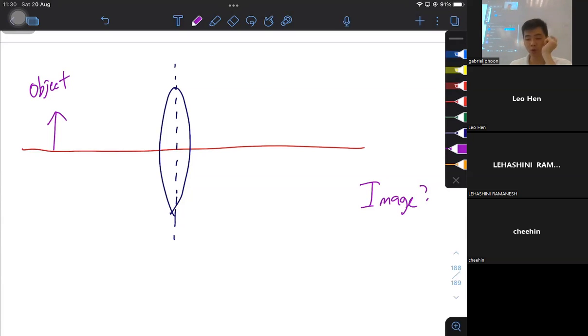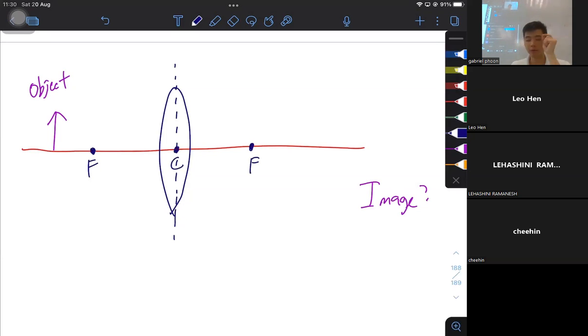If you're asked to draw the 2 light rays, pay attention. This is a very standard procedure, guys. First and foremost, when you're asked to draw 2 light rays, you have to identify where the focal point is. Let's imagine today the focal point is here and the focal point is here. And obviously this is the optical center.